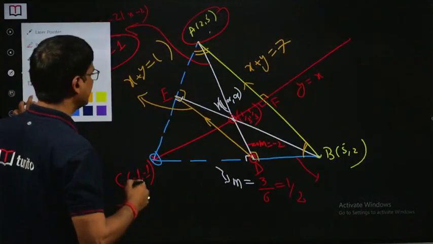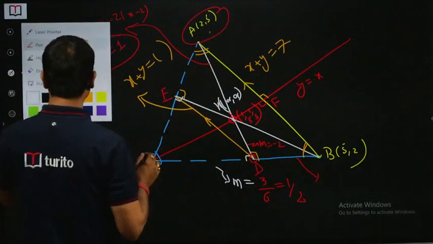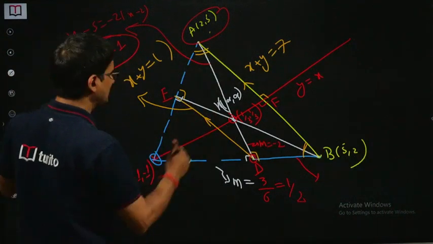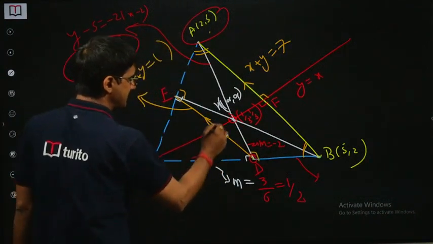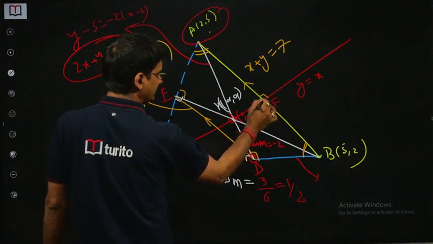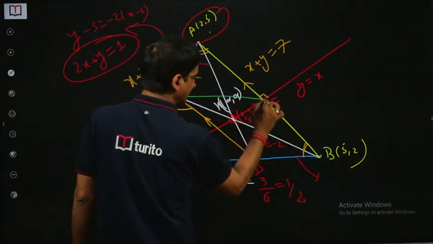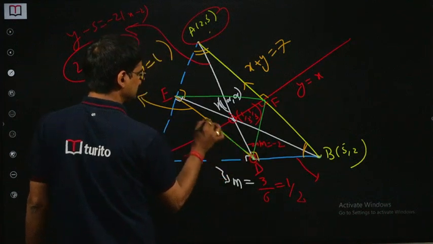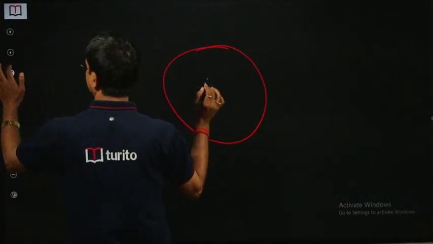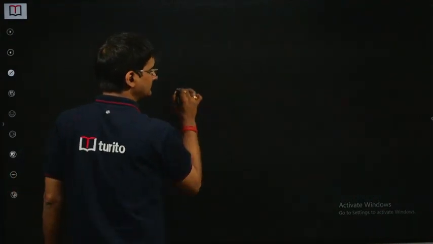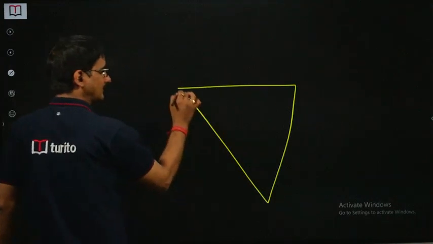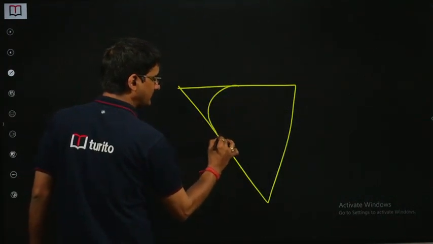So let me draw it separately, or if I use some other color, maybe this. See, the incircle of this triangle DEF. So if I draw a triangle here, let's say DEF, and that's the incircle.